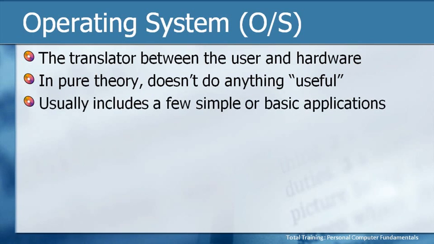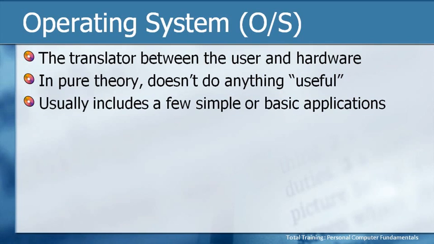The operating system, though, usually does include a few simple or basic applications. For example, the Windows operating system has always included very simple word processors like Notepad and WordPad. The document that we've used in some prior lessons actually used WordPad, which comes loaded with the Windows operating system. Windows also includes a calculator so that you can do simple mathematical calculations.